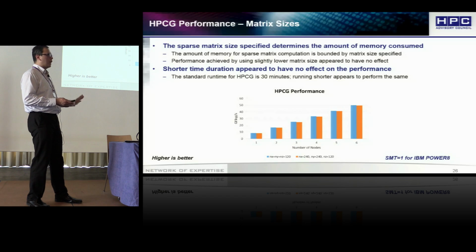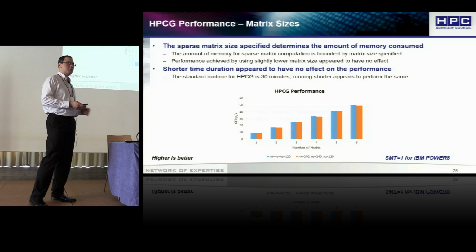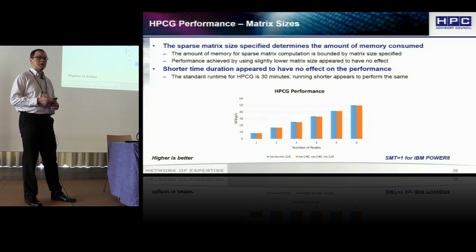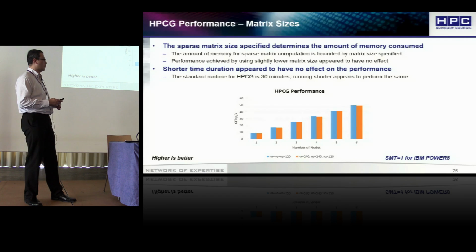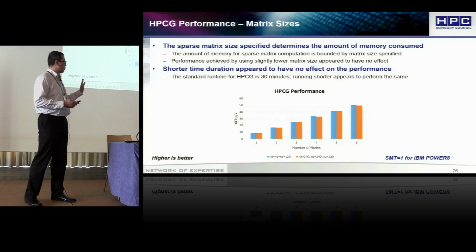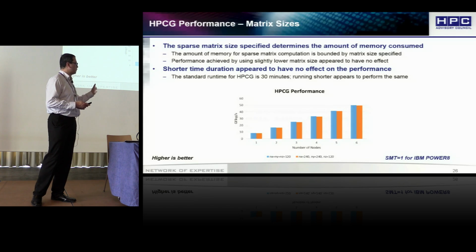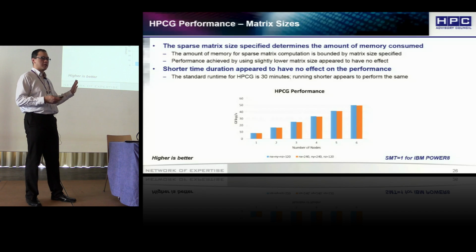And one other parameter that you can give to HPCG as an input is the local matrix size that you tell the application to run with. However, we do not see much difference by using slightly higher or lower matrix sizes.